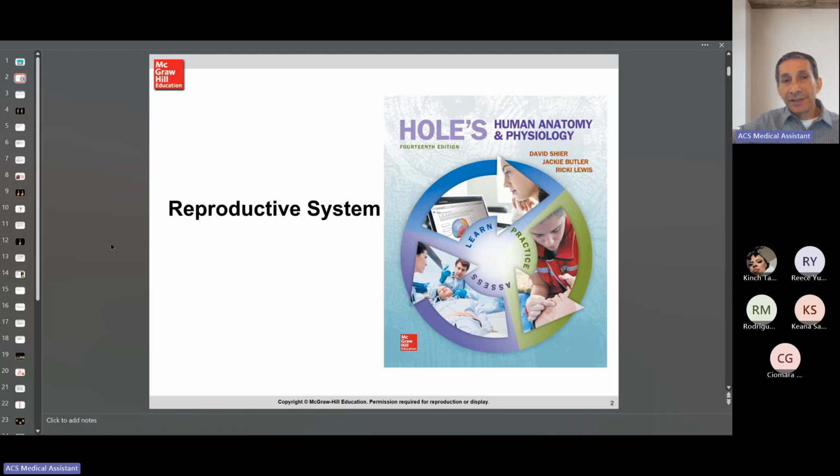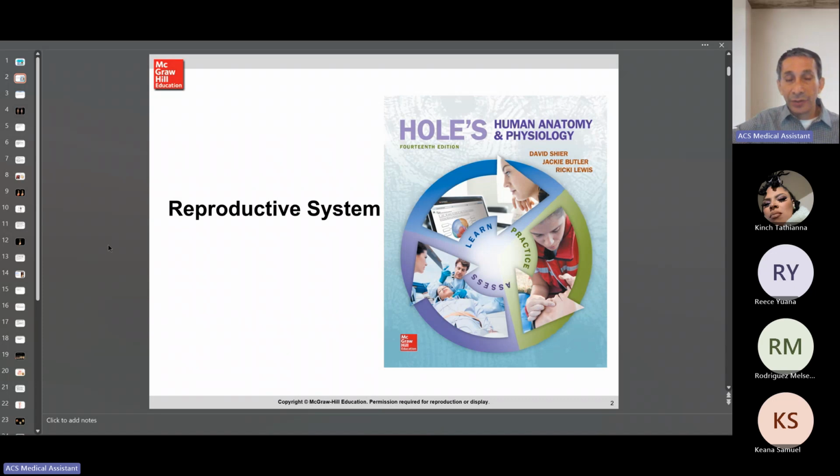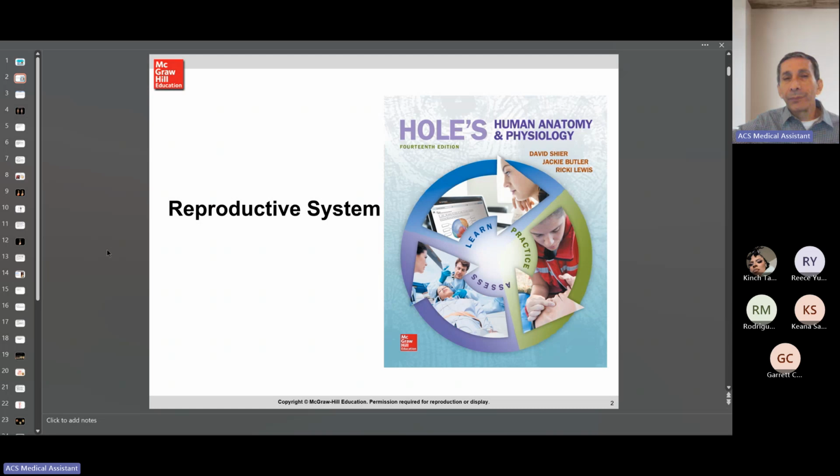As the word implies, reproductive, we're going to talk about these organs that produce the cells and the hormones that make all of that happen, like becoming pregnant, having babies. So that's basically what it is. So we're going to talk about what those organs are that are called the reproductive organs.